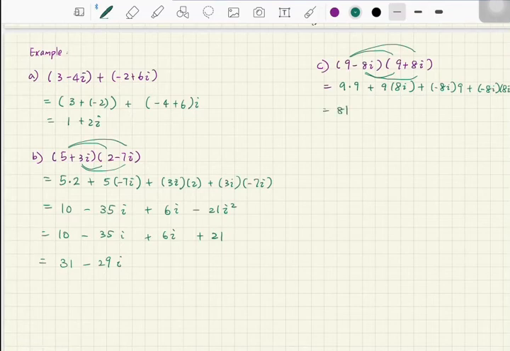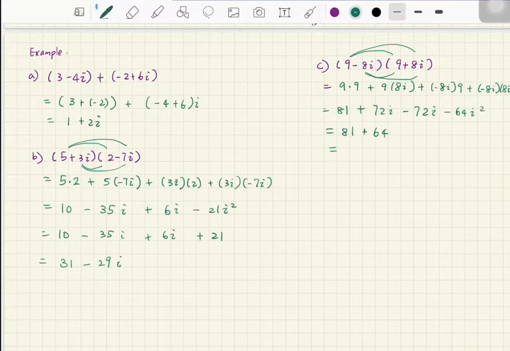So 81, plus 72i, minus 72i, minus 64i squared. You can see in the middle, plus 72i minus 72i will disappear. We end up with 81 plus 64, because i squared is negative 1.